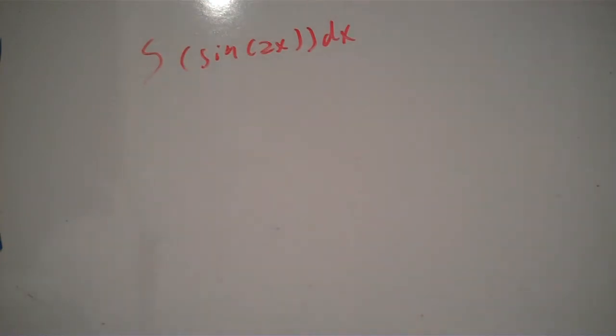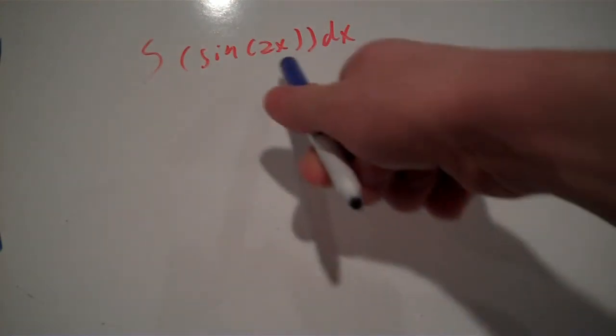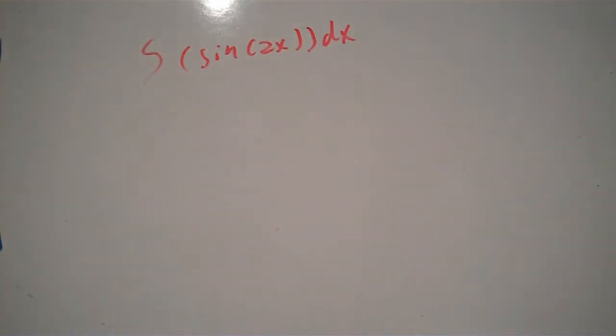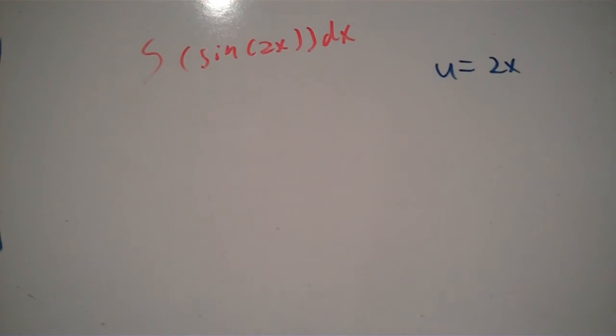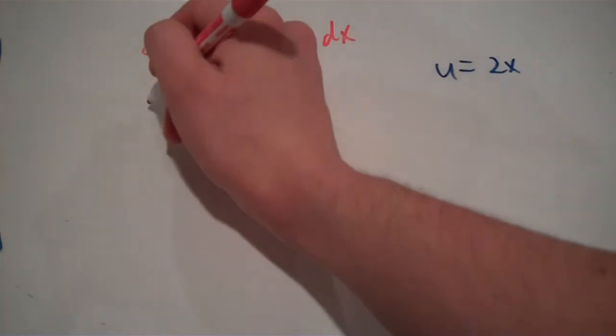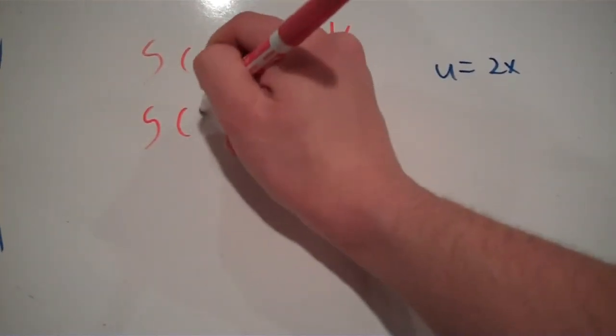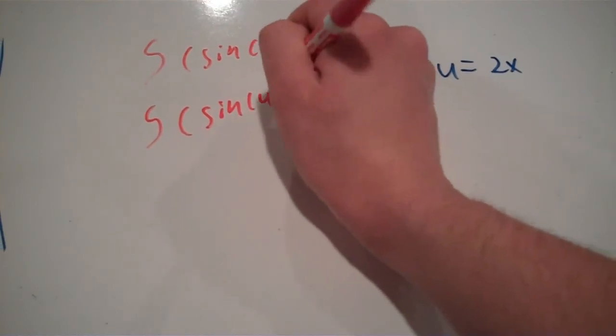What you do for U-Substitution is you replace a section of the entire function with u so you can actually solve that function. So, in this case, we're going to replace the 2x with u. So we will set u equal to 2x. And then we write this, so we're now integrating sine of u.